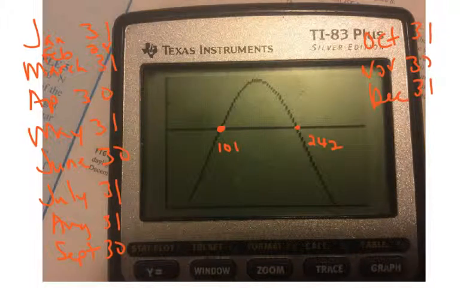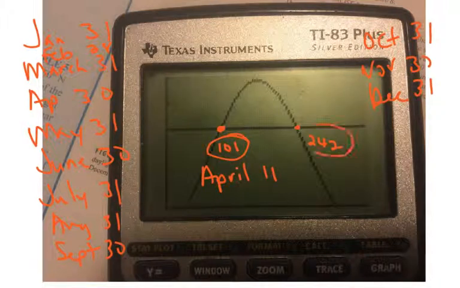If you know that, then you can figure out approximately what day these occur on. So this occurs on April 11th. And this one occurs on August 30th.